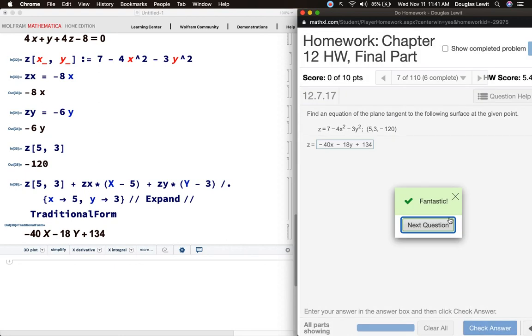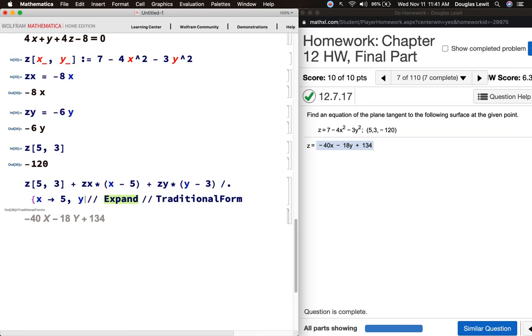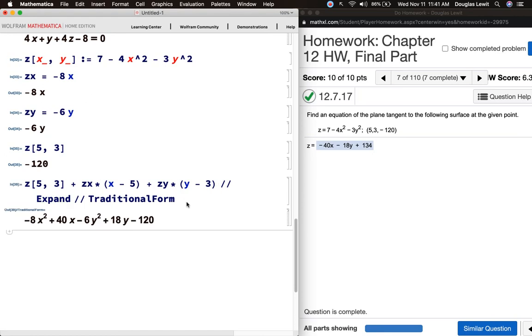Okay, so I knew something was really wrong, and I'm going to tell you why. Okay, so what is the problem? Why is this the wrong answer? Well, I can tell you it's the wrong answer because the equation of the tangent plane is supposed to be a linear equation.